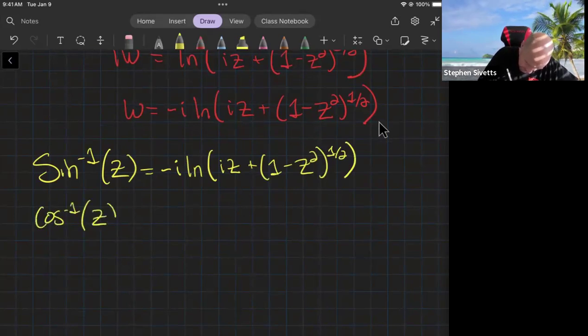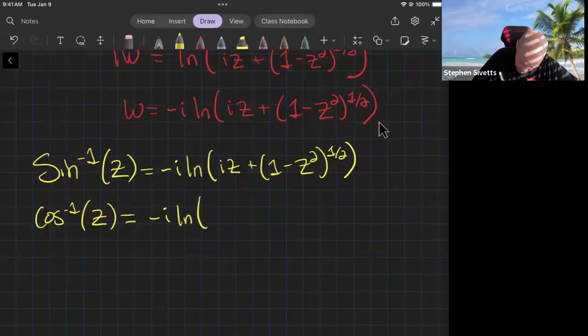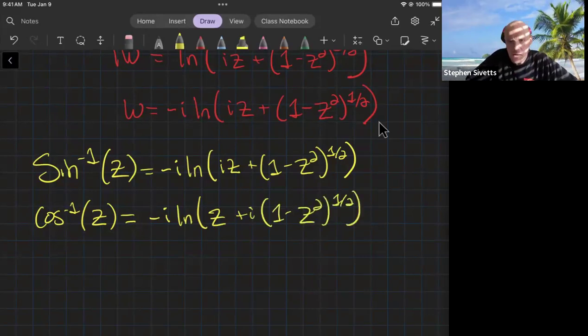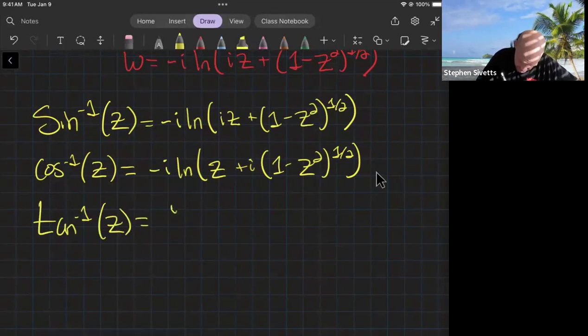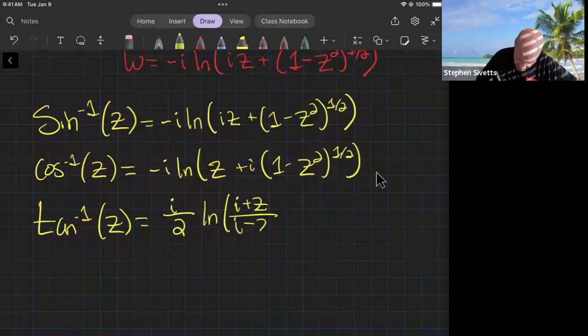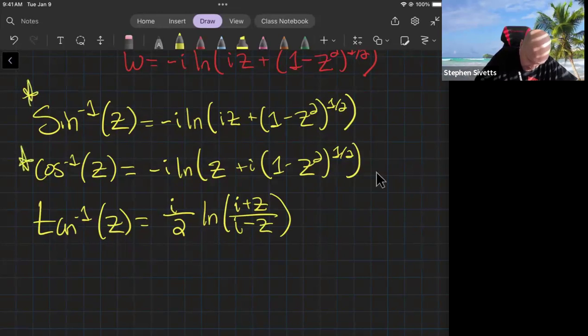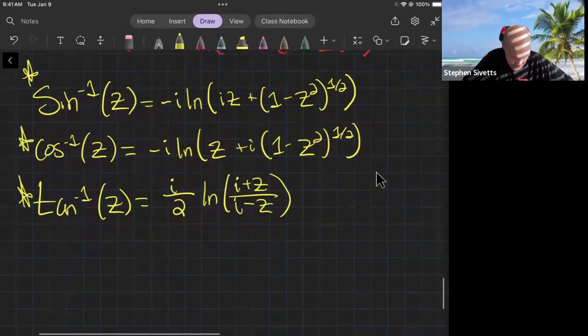Inverse cosine is equal to minus i times the natural log of z plus i times 1 minus z squared to the 1/2 power. And inverse tangent of z, or arctangent of z, equals i over 2 times the natural log of i plus z over i minus z. These will be the inverse functions to worry about.